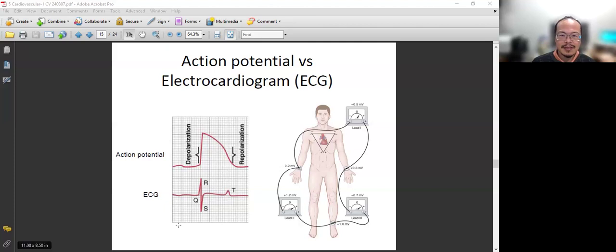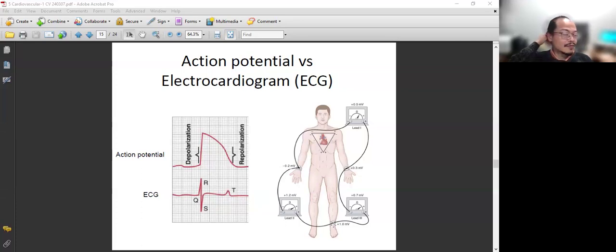So basically here is the EKG. We will do this one in the lab. You will put electrodes. The very simple version of the EKG is you have three electrodes, the simplest one. So you have a right arm, left arm, and the left leg.